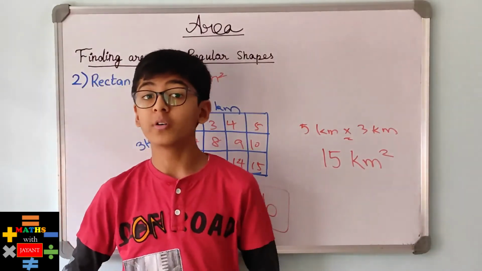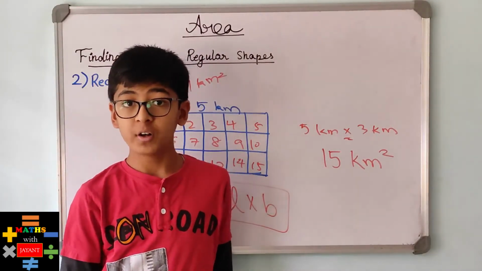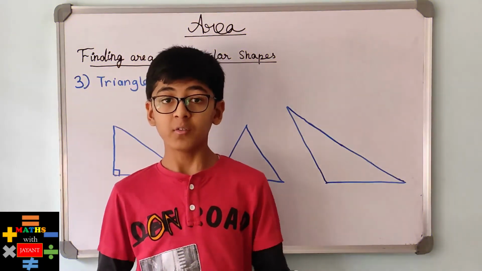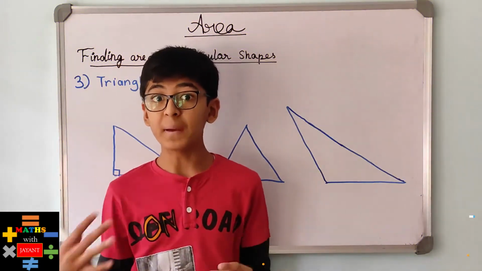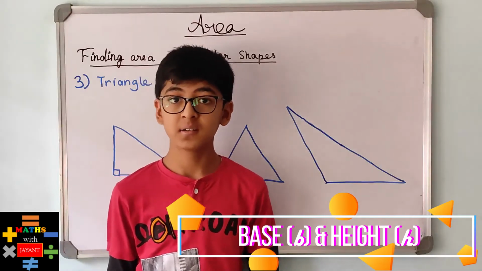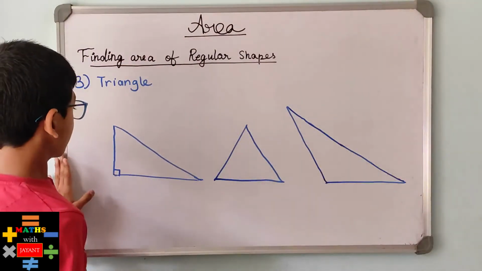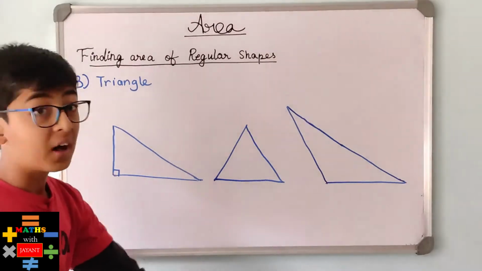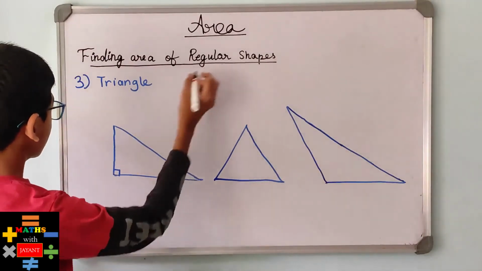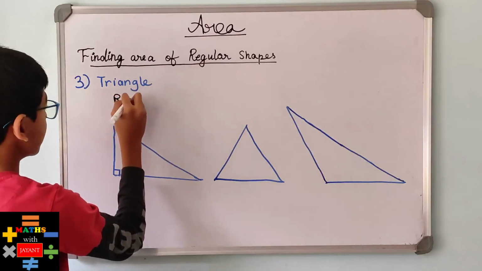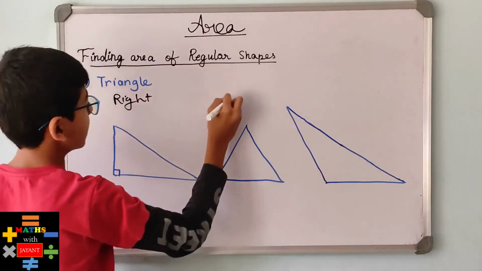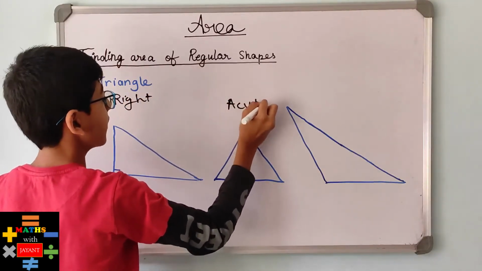Now let us move on to the area of a triangle. Before understanding the area of a triangle, we need to know two terms, base and height. So let us understand them. Over here, we have 3 different kinds of triangles. The first one is a right angle triangle. The second one is an acute angle triangle.